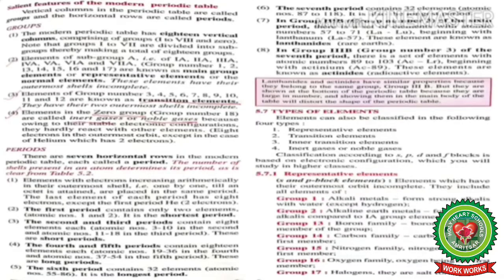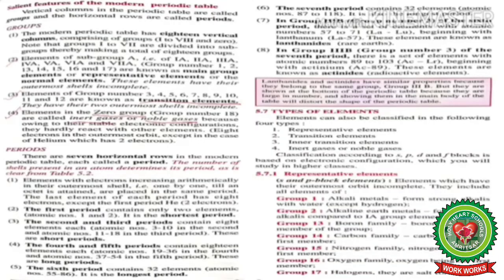Periods. There are 7 horizontal rows in the modern periodic table, each called a period. The number of shells present in an atom determines its period, as is clear from Table 5.2.